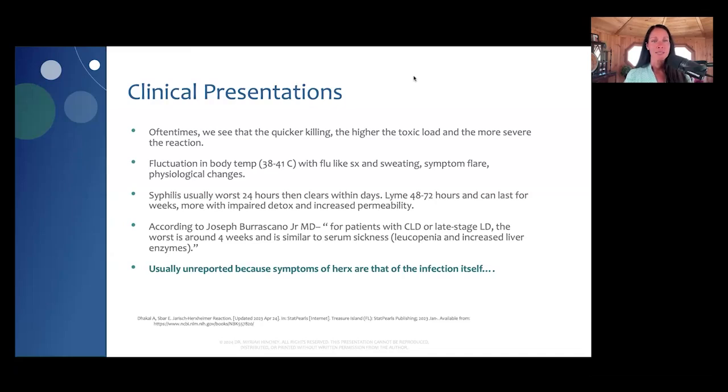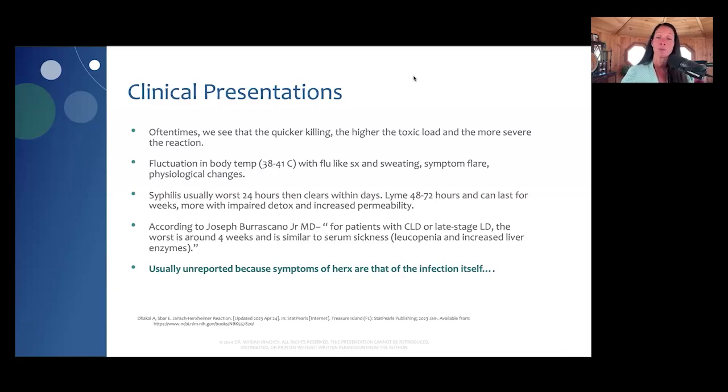Herxing can cause a variety of symptoms. Typically they are the symptoms that you already had, but they're going to be exacerbated as far as their severity. Diarrhea is often a symptom because your body is trying to get these pieces of the organism out of the body and help you to detox.